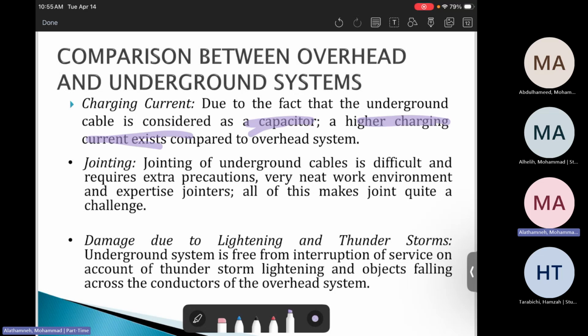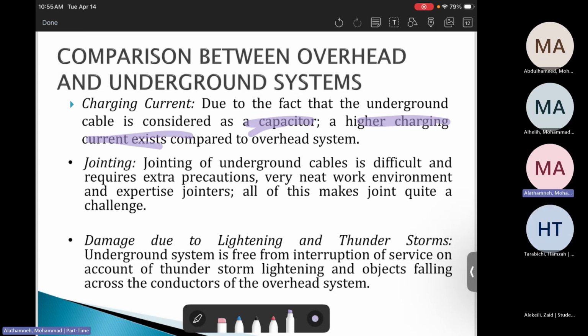A bad joint will create hot spots that will be severe and cause damage to the underground cables, especially at the joints. The vast majority of faults in underground cables happen at the joints, by the way. So the joints must be done by experts, so they can do it in a perfect way.